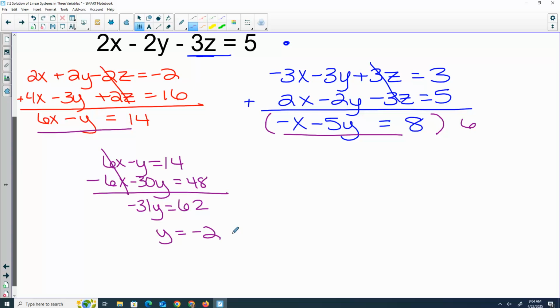Once we have our y, we can start working backwards to get our other variables. So what I'm going to do is take my y and plug it into one of these two equations to solve for x. So if I just put it into this one, I know negative x minus 5 times negative 2 equals 8.